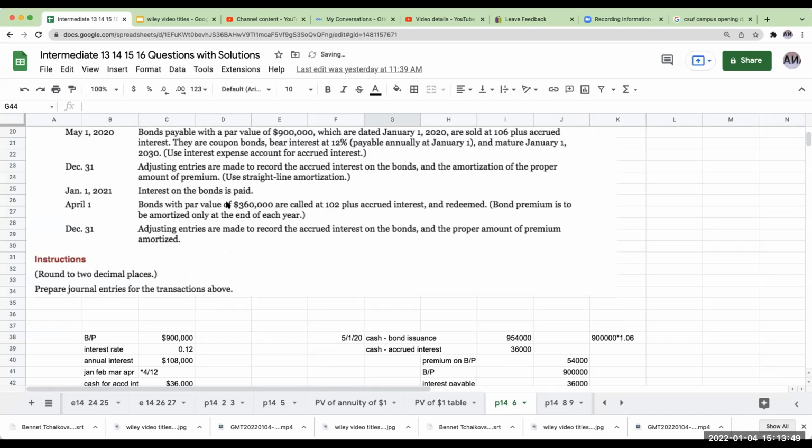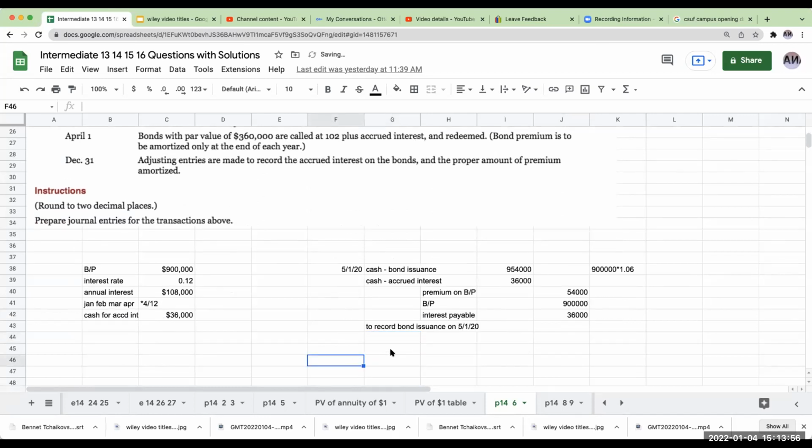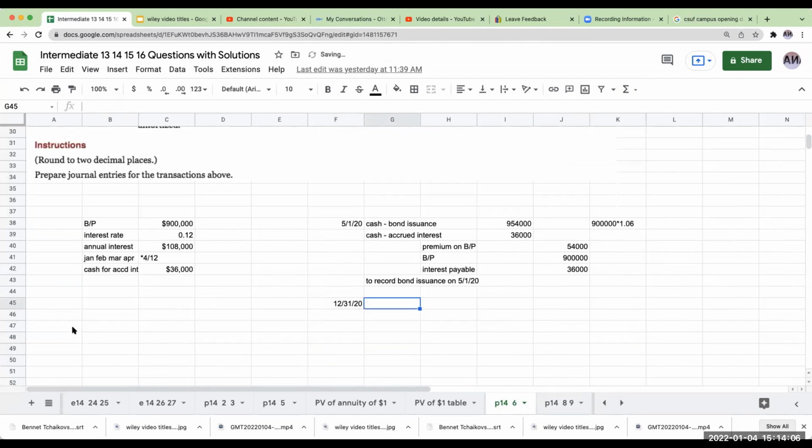We now get over here to December 31st. Adjusting entries are made to record the accrued interest on the bonds and the amortization of the proper amount of the premium. Okay, so 12/31/20. Whenever I pay interest expense on a premium situation, let's remind ourselves of what we have to go through and do.